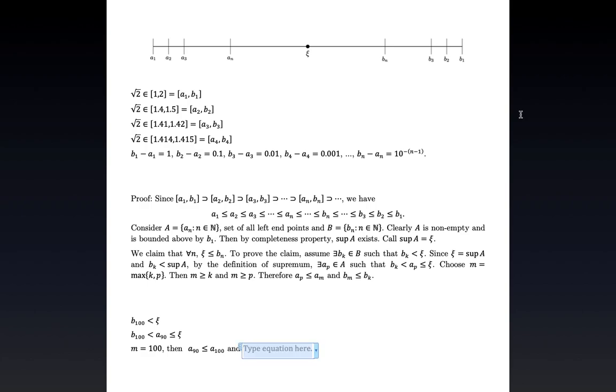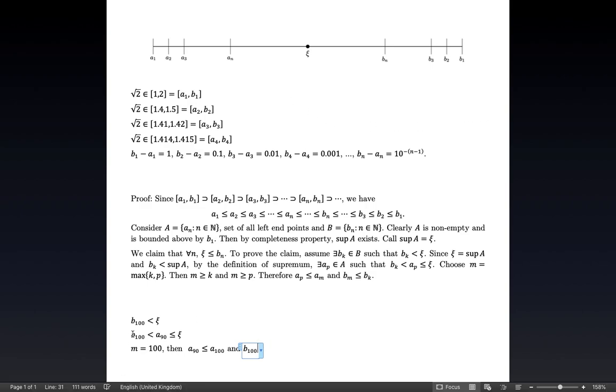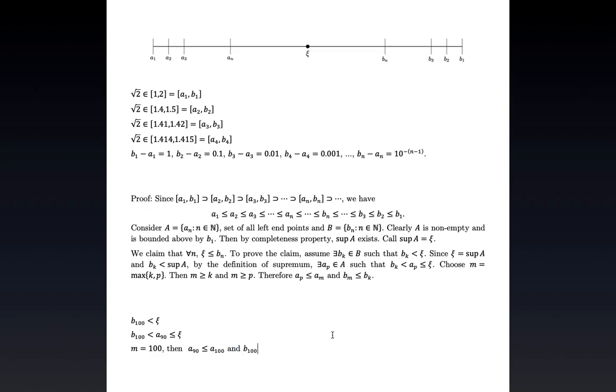And what about B100? B100 is there. So that is the maximum of 100 and 100. So then what happens?